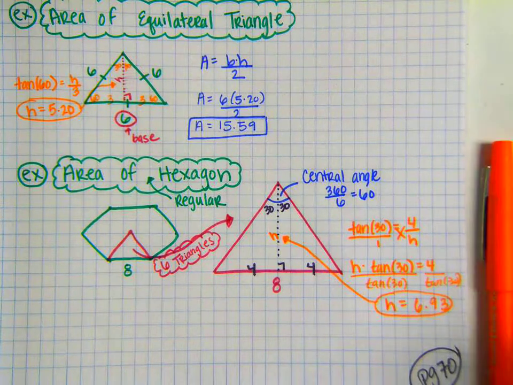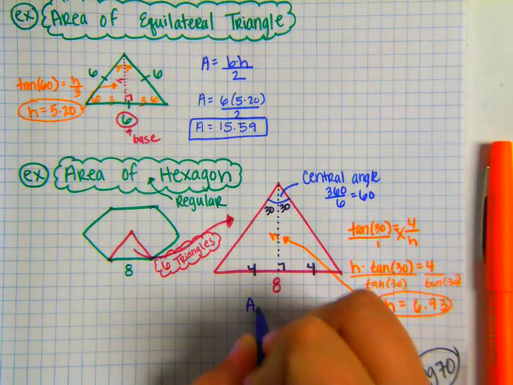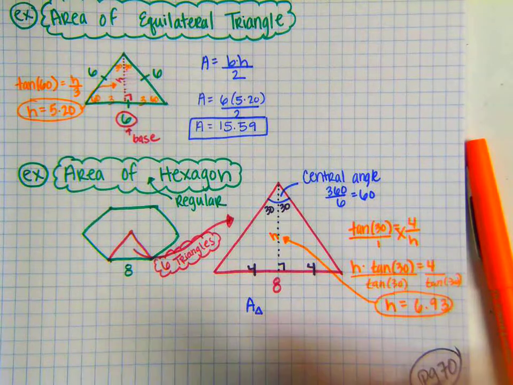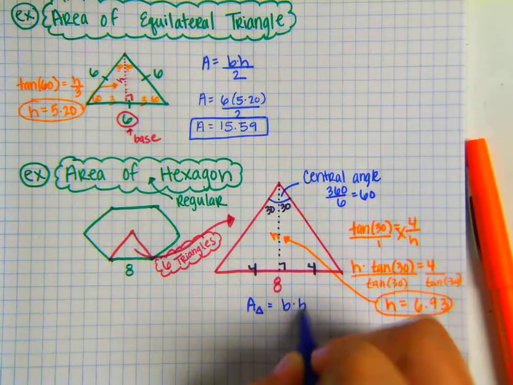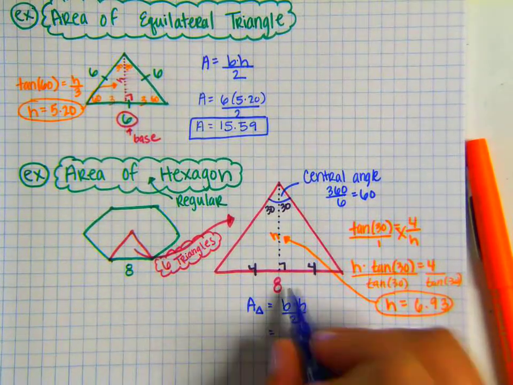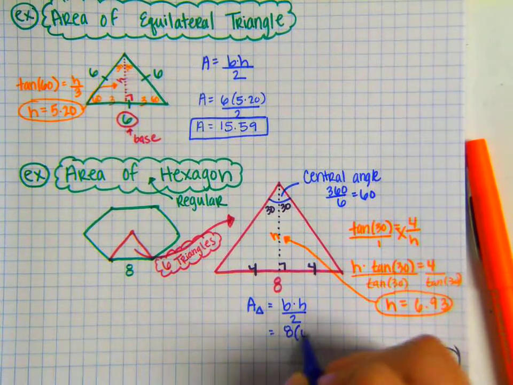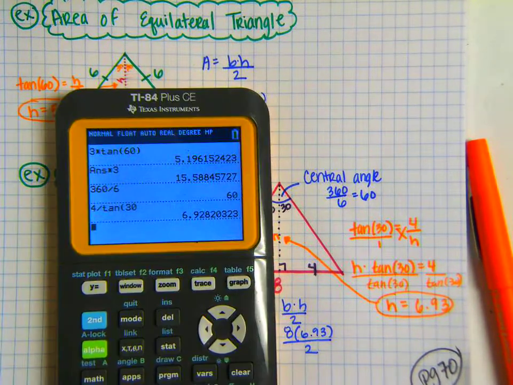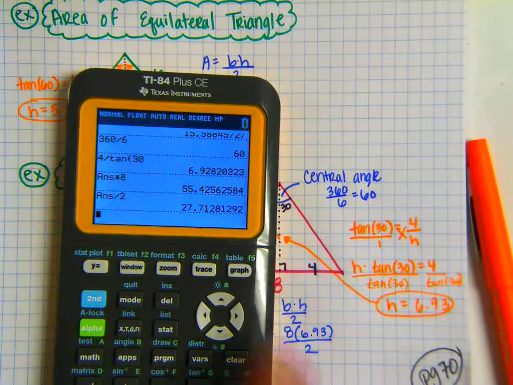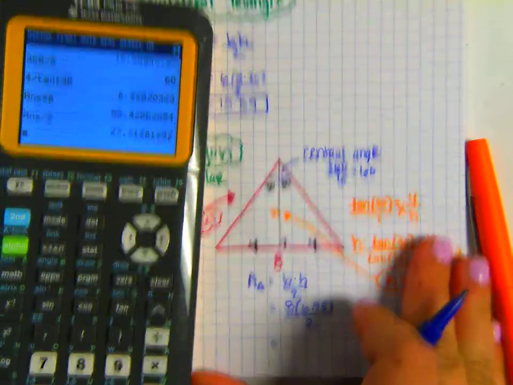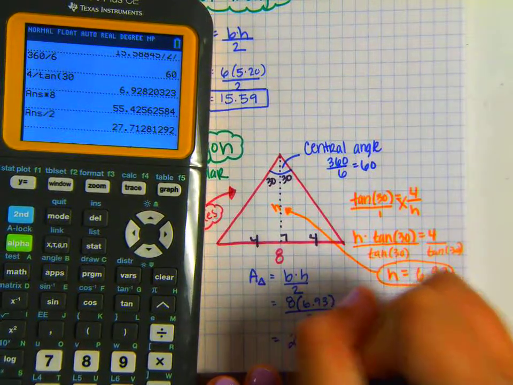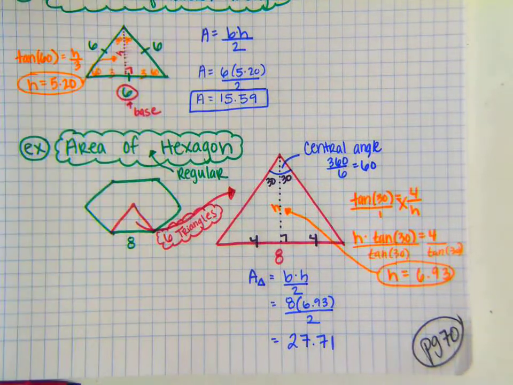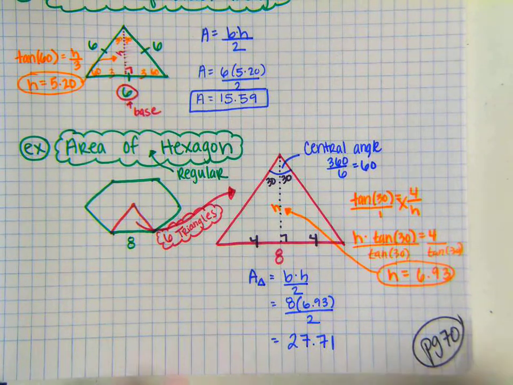So now to find the area of this triangle, and I like to designate that I'm finding the area of the triangle by drawing a little triangle. Again, it's base times height divided by 2. So that's going to be base is 8, height is 6.93, divide by 2. So we get 27.71. Now, what do I have to do with that 27.71 to finish up this problem? You're going to have to multiply it by 6 because of those 6 triangles.